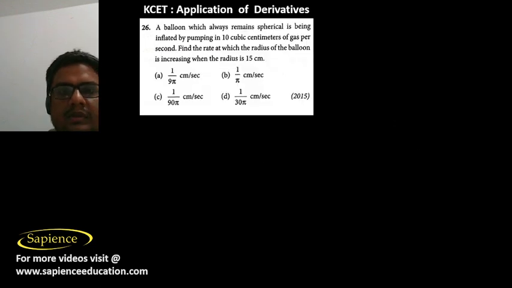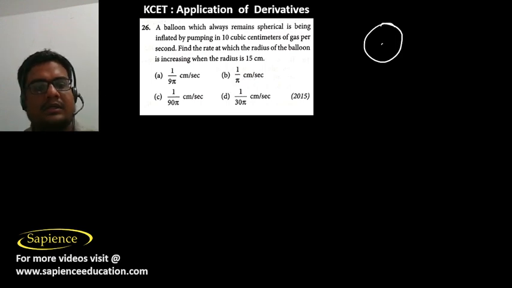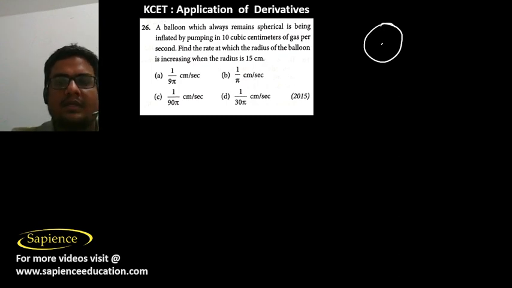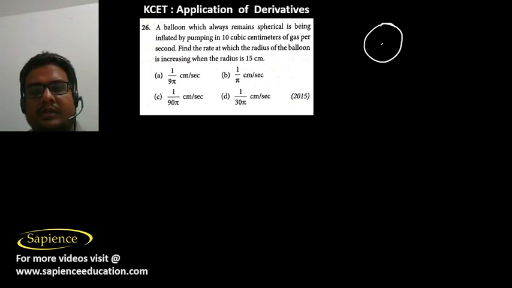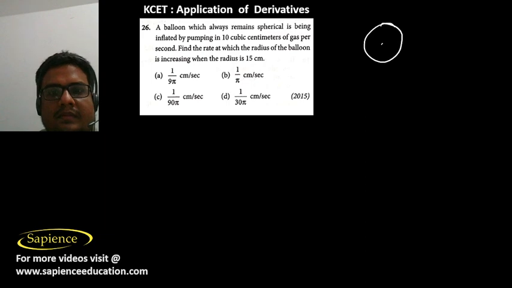Then in question number 26, it is told a balloon which always remains spherical is being inflated by pumping in 10 cubic centimeters of gas per second.